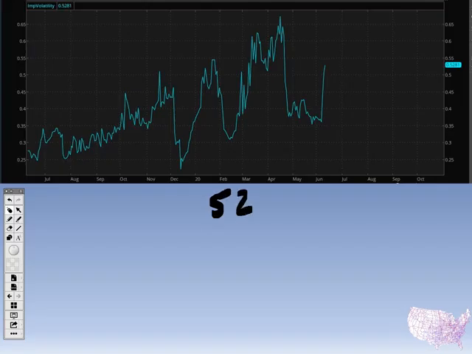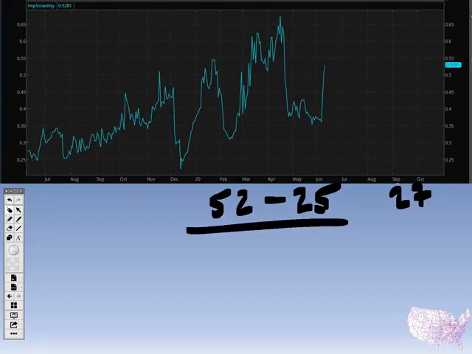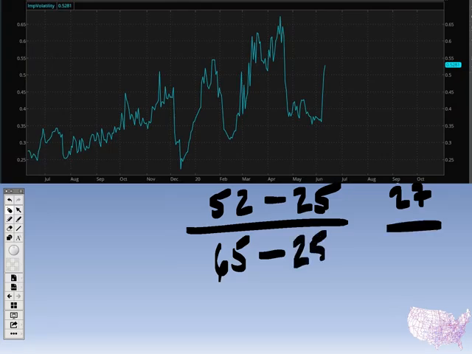So 52 minus the low, which is 25, I did the math wrong there. That equals 27, I said 17. So that's why I threw off the math. And then we've got 65 as the high minus the low, which we said 25, right? So 27 over 40 is what we're looking at there.